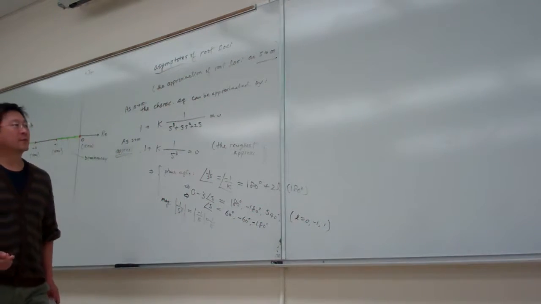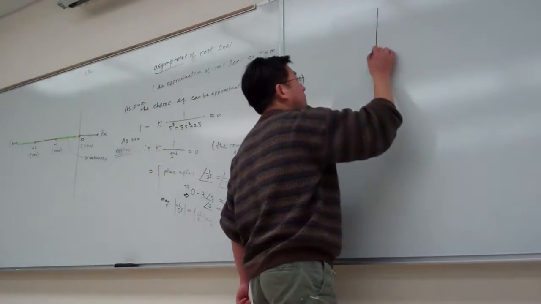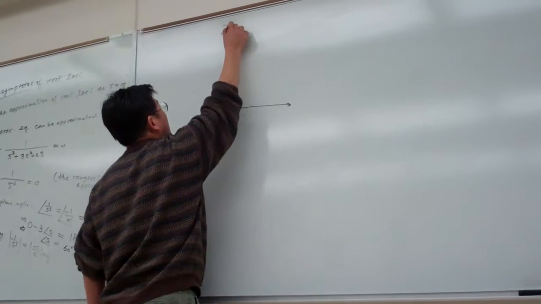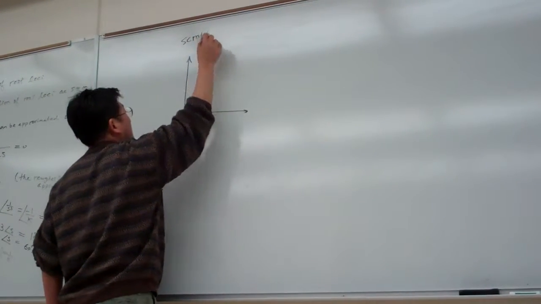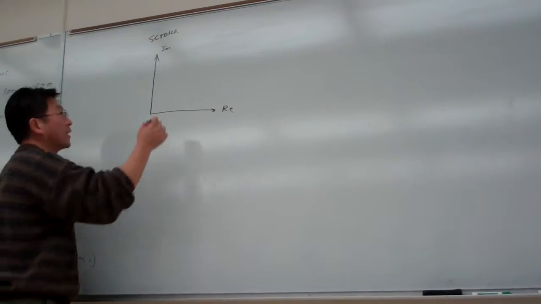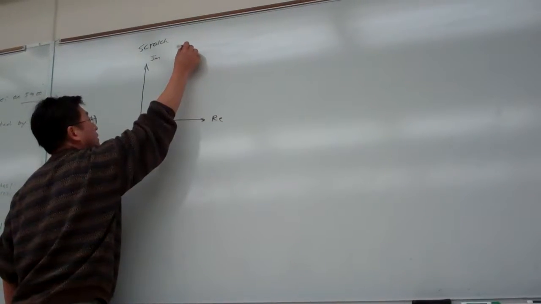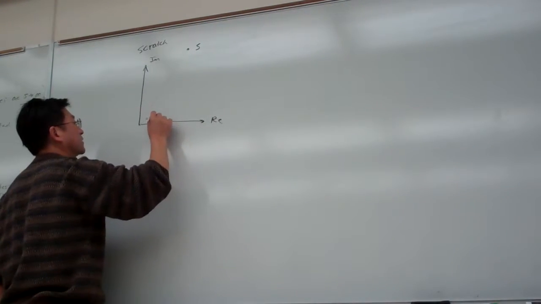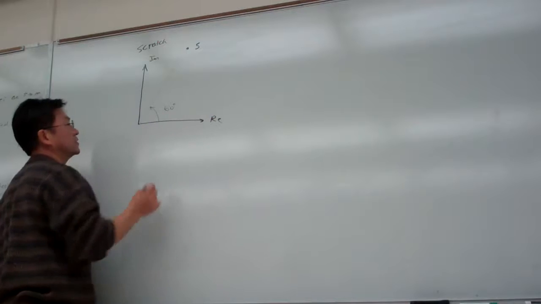What does that mean? If we recall, and here again this is scratch. Okay, so here is the complex plane. If we have any point S here, and it has a phase angle, basically the phase angle defined here is 60 degrees.